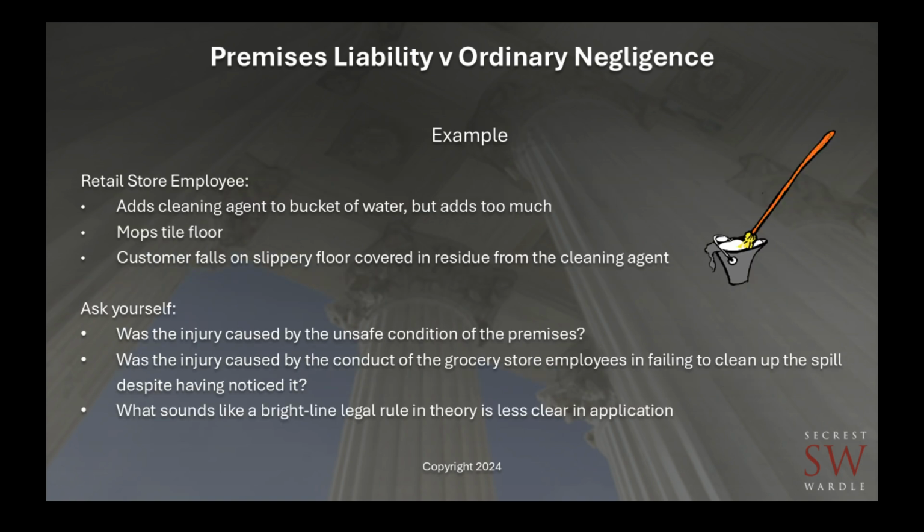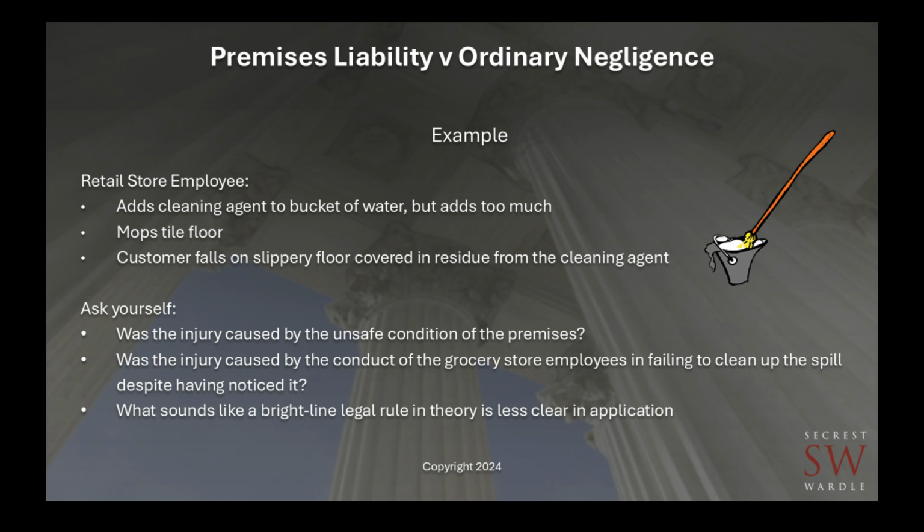Irrespective of this, let's do a little bit of an exercise. During this, ask yourself, was the injury caused by the condition on the premises or was it caused by the defendant's conduct? For example, let's say you go shopping at a retail store and you slip and fall in a puddle of clear liquid that was spilled in one of the aisles. To decipher between premises liability and ordinary negligence, ask yourself a series of questions.